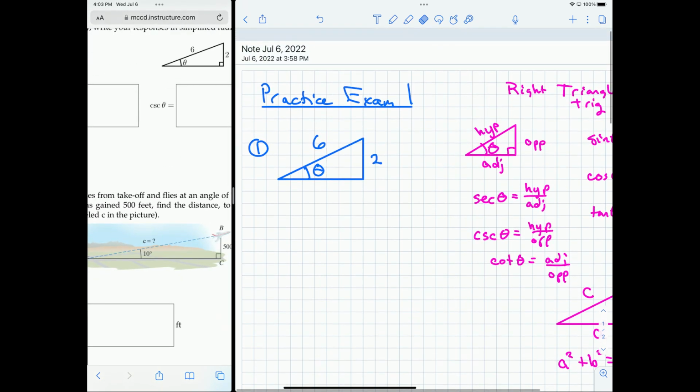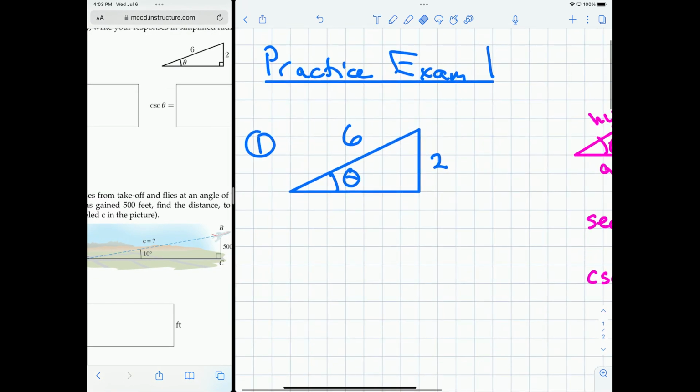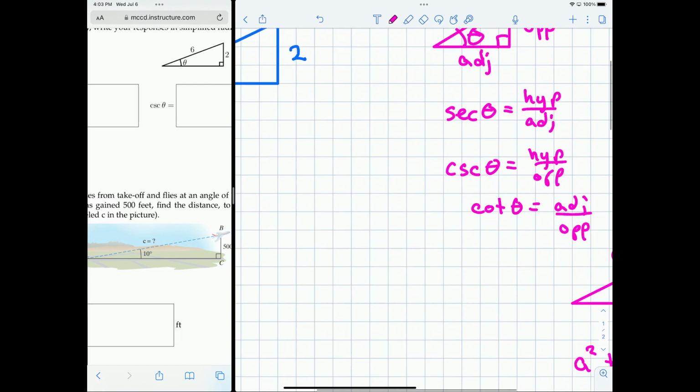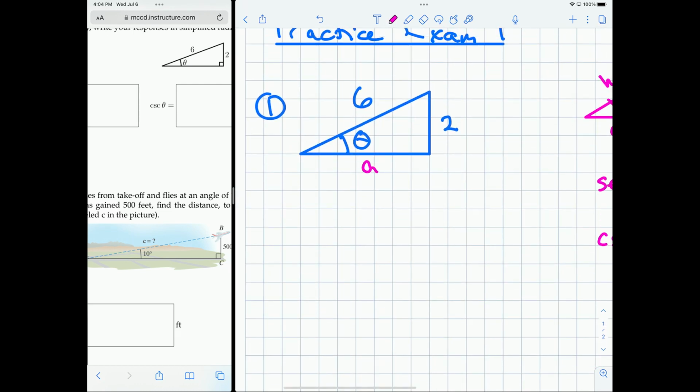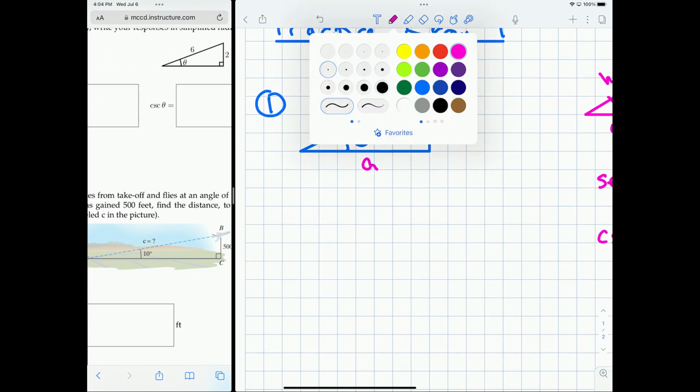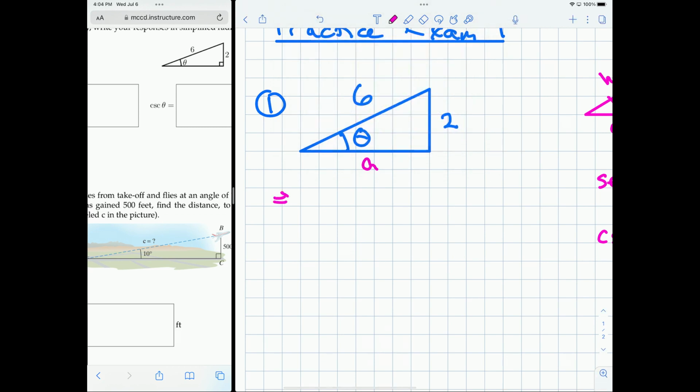And we will get started. So this first triangle that we have here, we're missing one of the sides, right? We're missing this side, which if I label it with the same labeling as here, we're missing this side A. Okay, so we need to find that before we do the trig functions because we're going to need that side. So we start with the Pythagorean theorem, which says a squared plus b squared equals c squared.